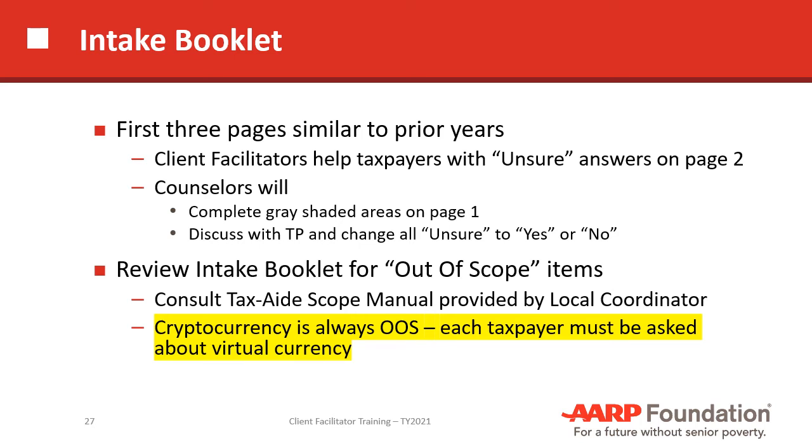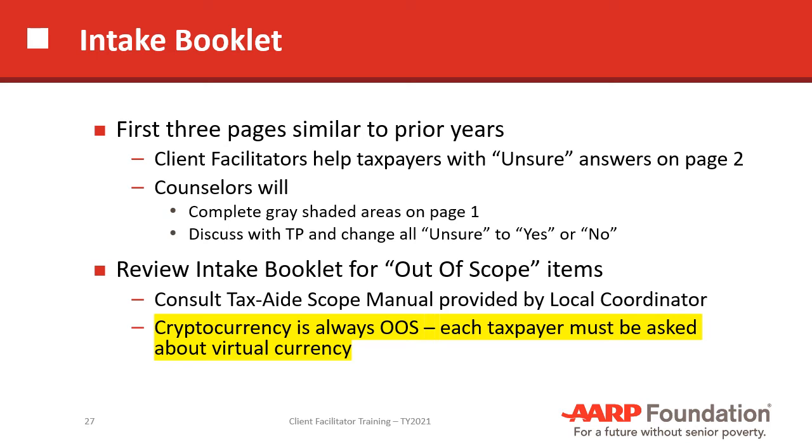The first 3 pages of the intake booklet are essentially very similar from one year to the next. There are usually a few changes due to the tax law changes each year, but for the most part, the information doesn't change a whole lot. Client facilitators are very helpful in working with taxpayers to try to clear up any of the unsure answers that taxpayers have on page 2.